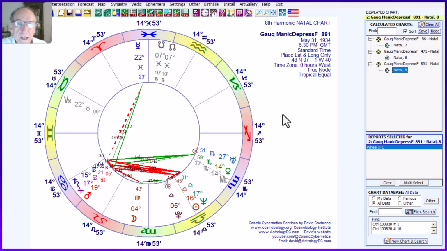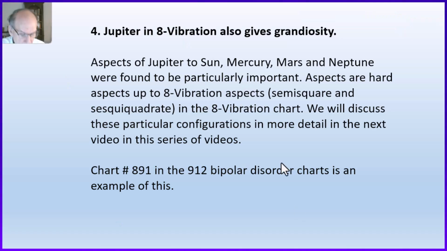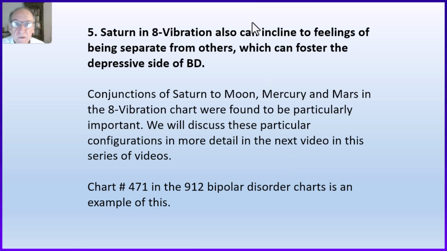Okay, so that's an example of Jupiter in 8 vibration. The other thing I mentioned was Saturn in 8 vibration. And going back to our slides, here's the Saturn, and we notice aspects to Moon, Mercury, and Mars.